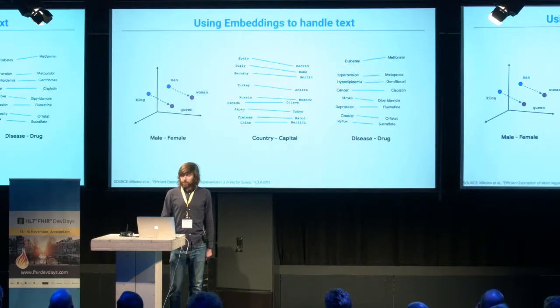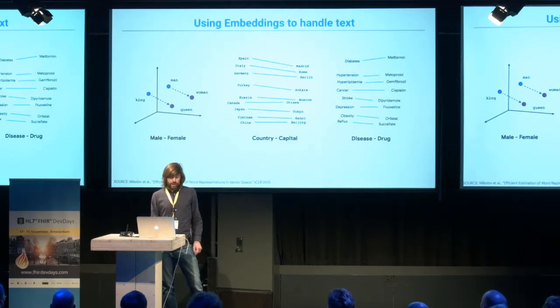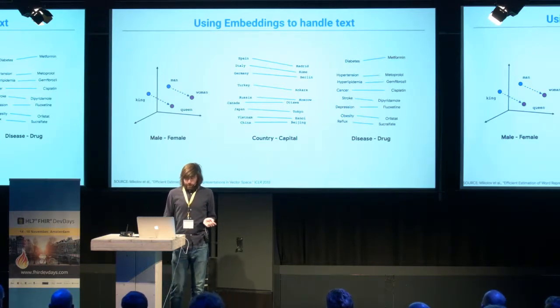Similar things hold in the medical space, where you learn things about the diseases and the drugs that correspond to them. You can take the embedding for cancer, and then add a specific vector, which is essentially the difference between the drug and the disease on average, and you end up with, in this case, cisplatin. And similarly with the other drugs there.